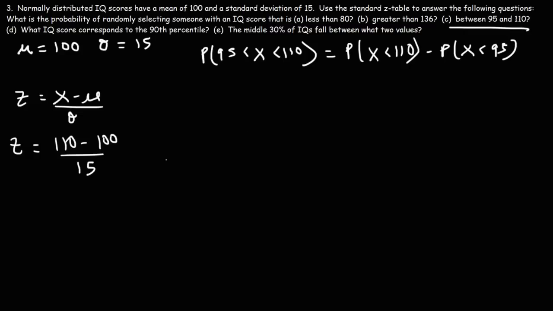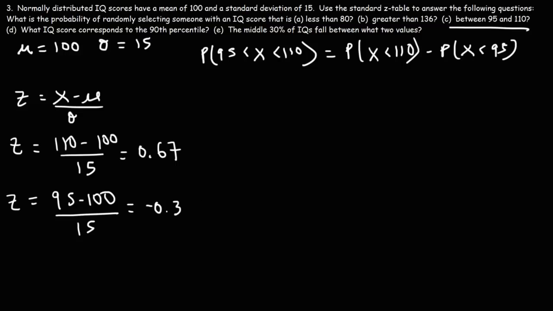This is 0.6 repeating, but we're going to round that to 0.67. Now when x is 95, this is going to be 95 minus 100, which is negative 5. And negative 5 divided by 15, that's negative 0.3 repeating. But we're going to use negative 0.33.